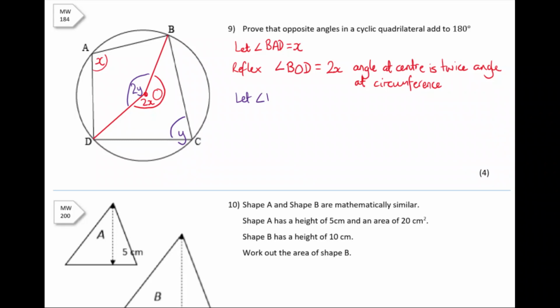So we're going to say let angle BCD equal y. Now we don't have to say reflex this time. Angle BOD, without putting the word reflex first, people should just know we're referring to the one that's less than 180, equals 2y, because again, angle at the centre.